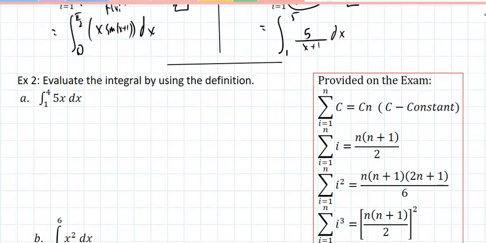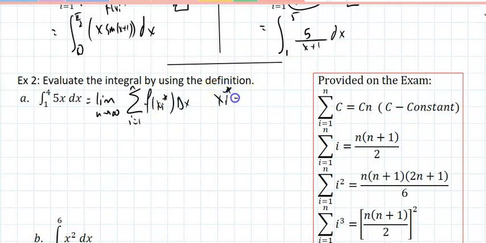Only in this section, when we use it, we're going to say that's the limit as n approaches infinity of the series i equals 1 to n of f of x sub i star delta x, where x sub i star is a plus i delta x. It is 1 plus i times delta x, and delta x is b minus a over n, 3 over n.